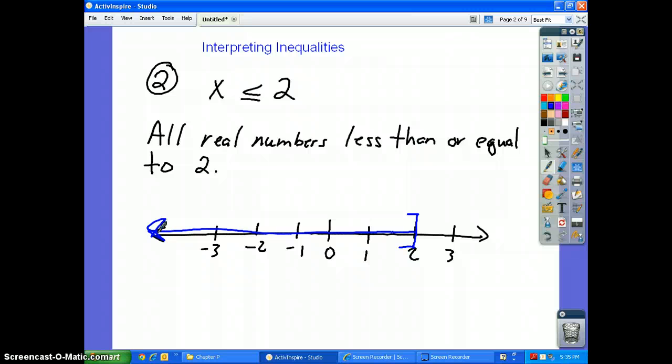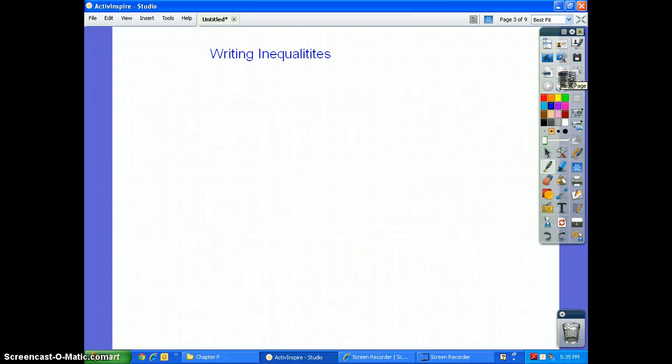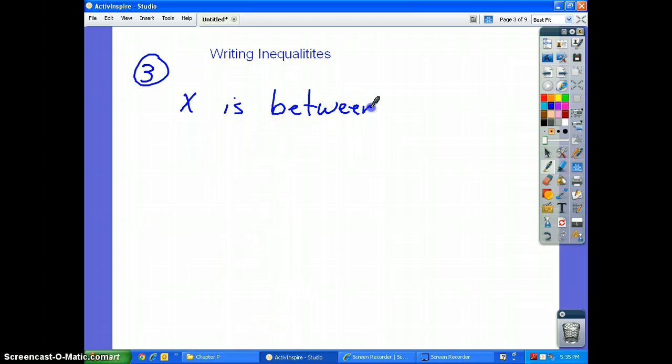Example 3 happens to be problem 15 in your book. In this problem, you're going to write the inequality for the words that are given. So in this particular example, you're going to use the inequality to describe the interval of real numbers. Example 3 states that x is between -1 and 2.